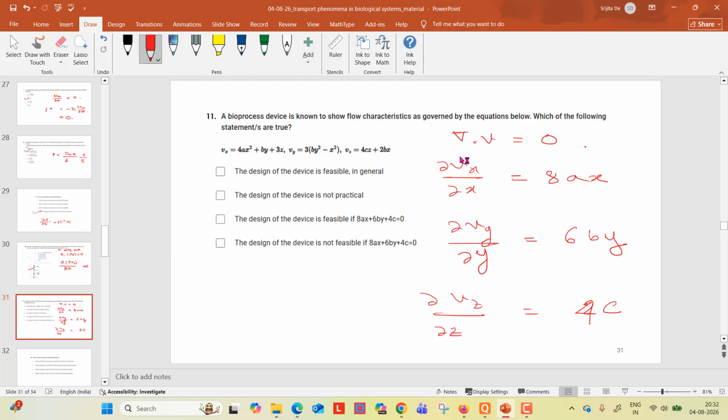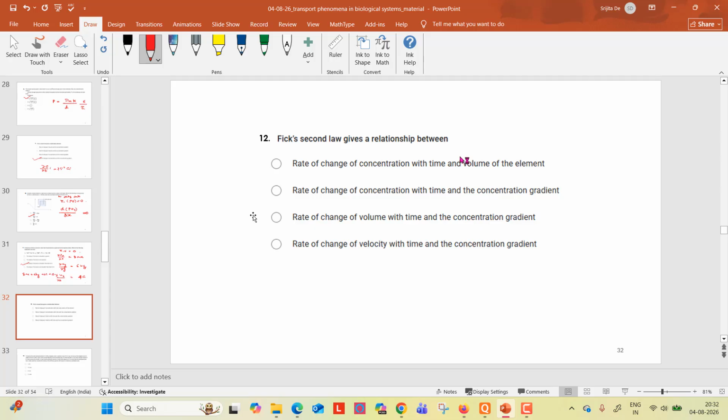So it will be 8ax plus 6by plus 4c equals to 0. The design is feasible when this is true. Okay, option C. Next. Fick's second law is similar question.